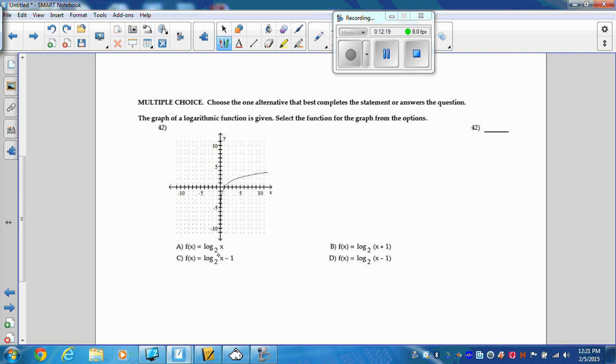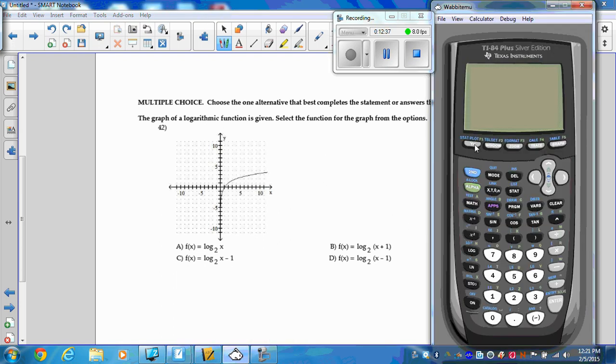So this one would actually move one place over. And this one would move also, and this one would move also. But again, to verify that, you can pick up your calculator and graph some logarithmic functions.